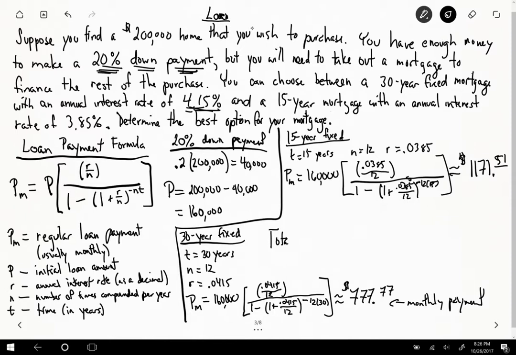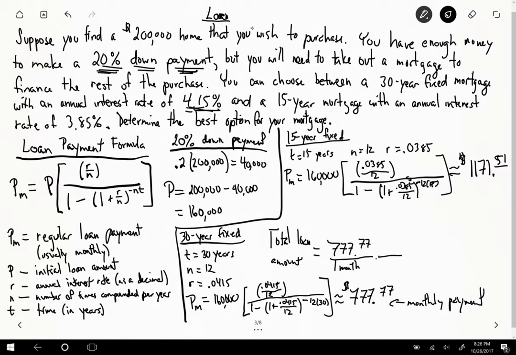Let's figure out our total loan amount, total cost of the loan. Notice we're paying that every month, right? So this is per 1 month.